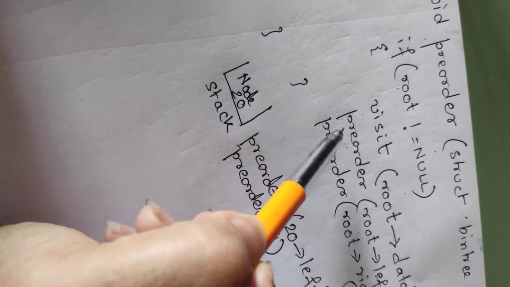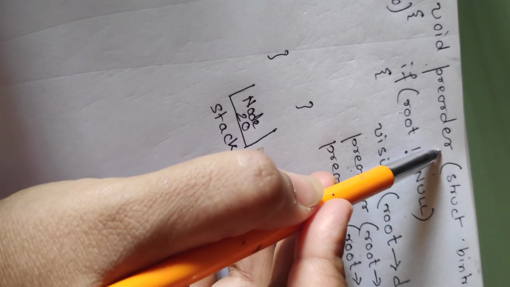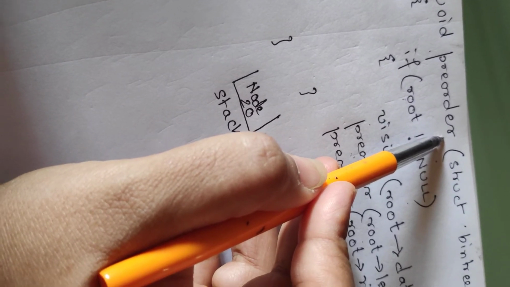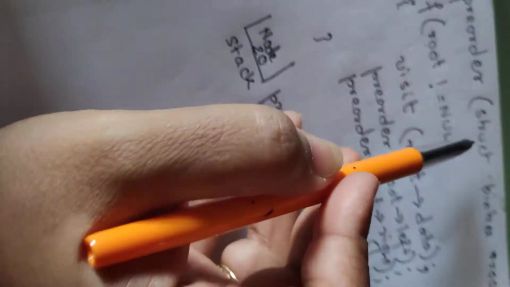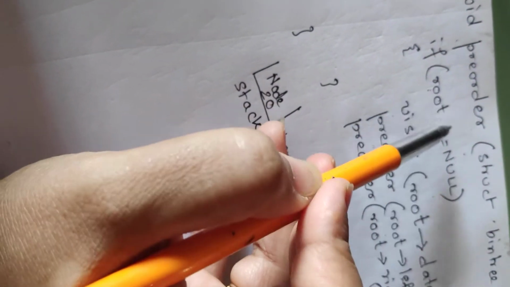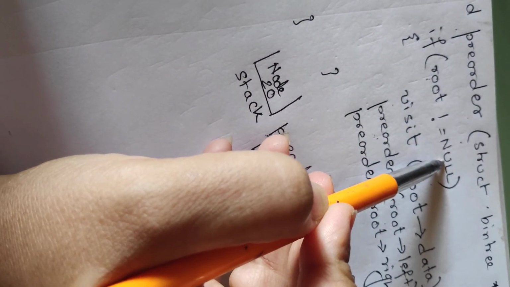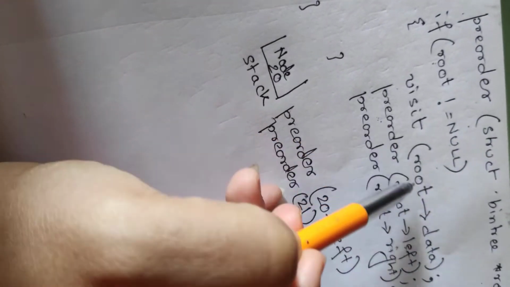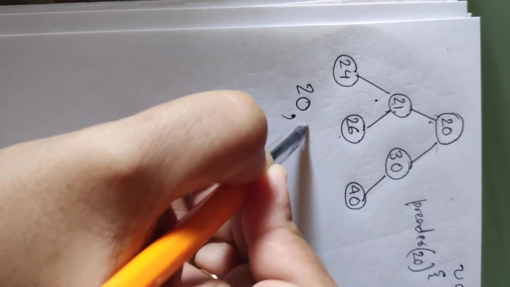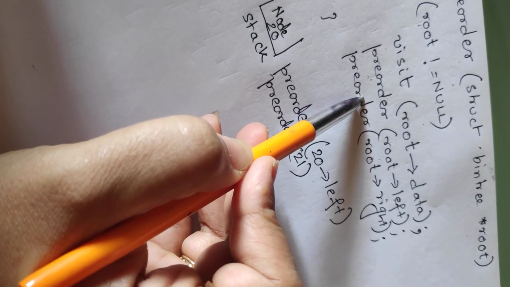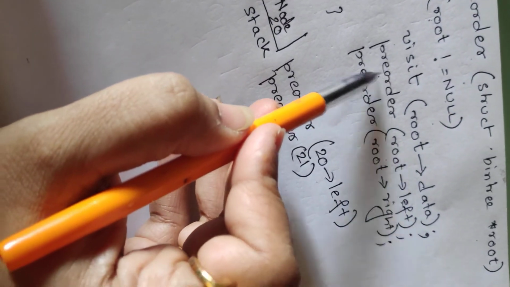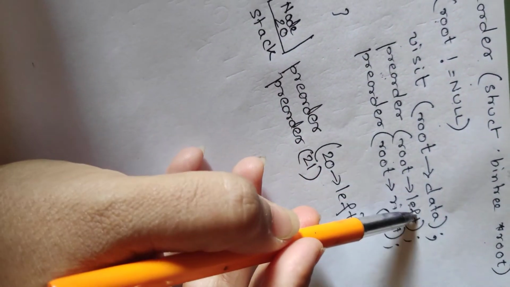Now again you go back to the algorithm or the function. So preorder 21 is called. Now again 21 is not equals to null, right? So visit root data. So 21 is displayed. Then again you come to the next line and you call preorder root left.